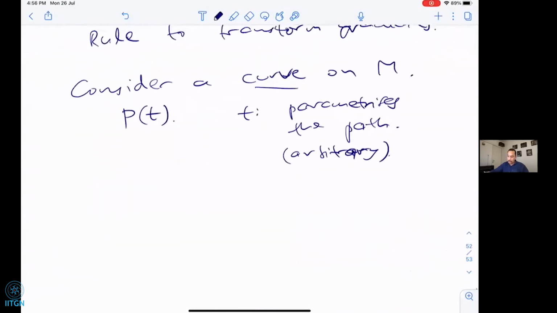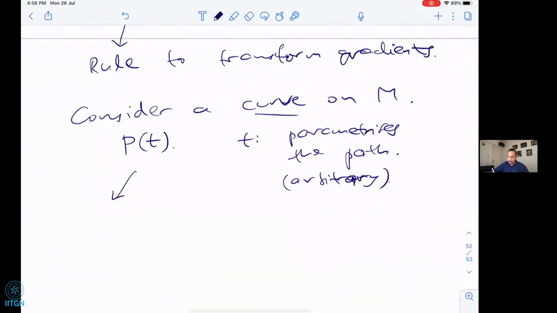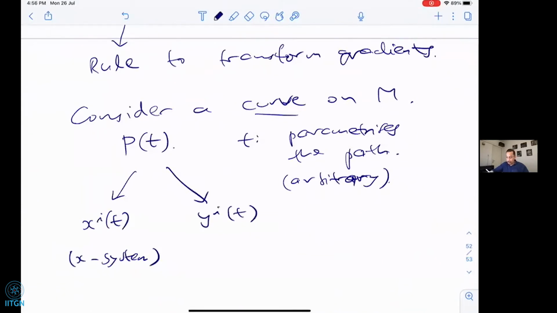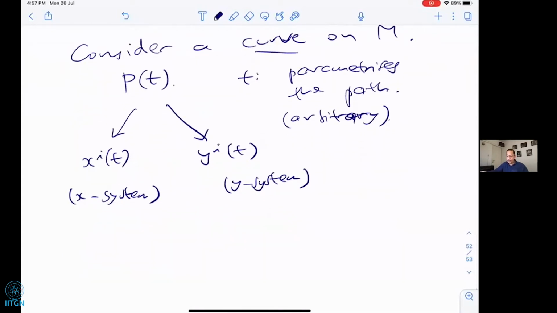So corresponding to this, I'll get x^i of t in the x system and another path y^i of t. So the same path, but its description in the y system. And now the question is, what is the relation?